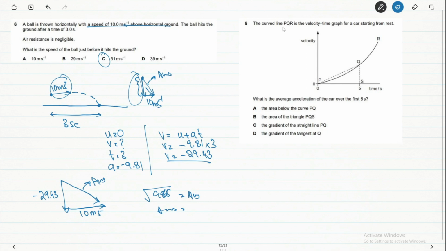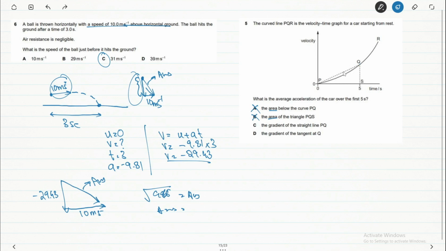The curved line PQR is the velocity time graph for a car starting from rest. Now, the average acceleration of the car is in the first 5 seconds. Acceleration is always given by the gradient, so just cancel out the options with the area written on them, because we are not dealing with area right now. So the gradient of the straight line PQ or the gradient of a tangent at Q. Which one do you think it is?